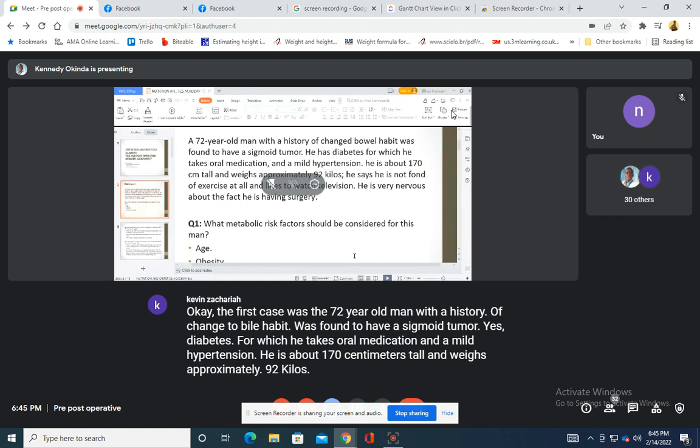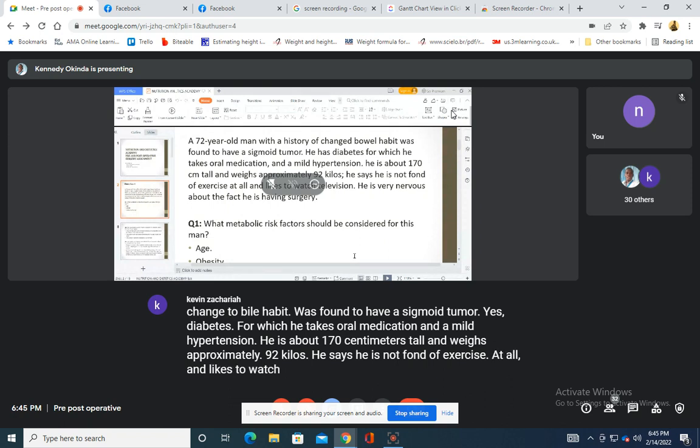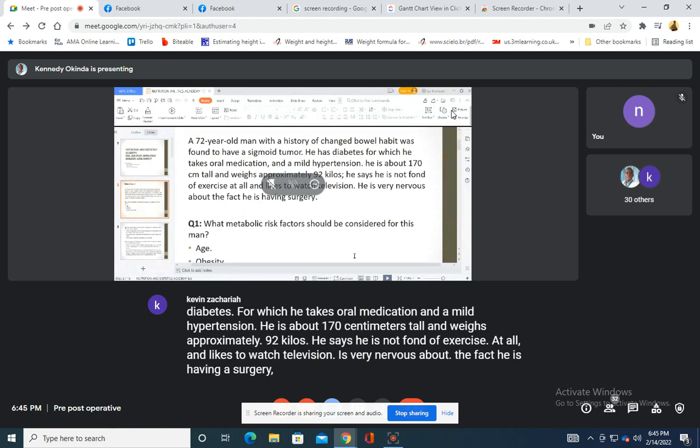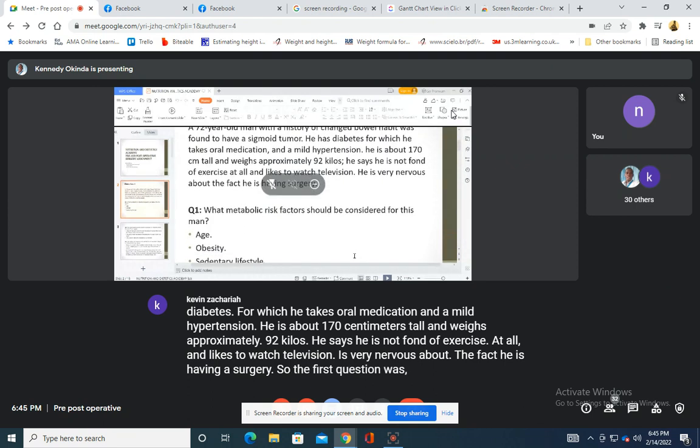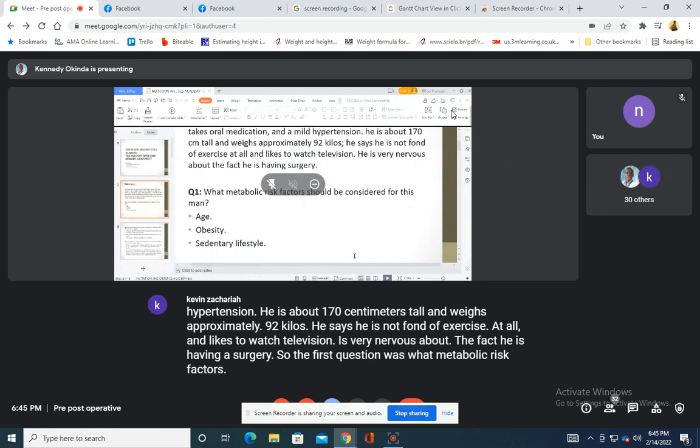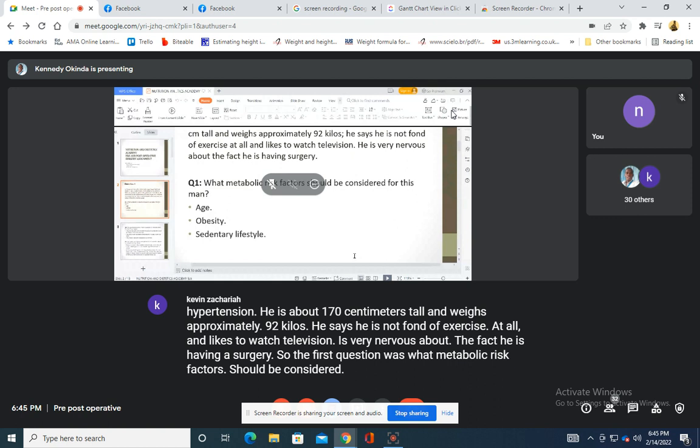He says he is not fond of exercise at all and likes to watch television. He is very nervous about having surgery. So the first question was, what metabolic risk factors should be considered for this man?